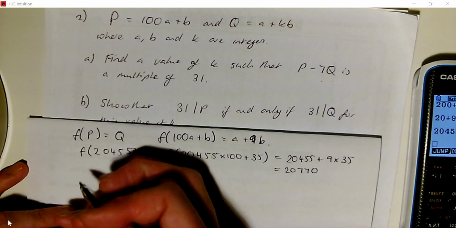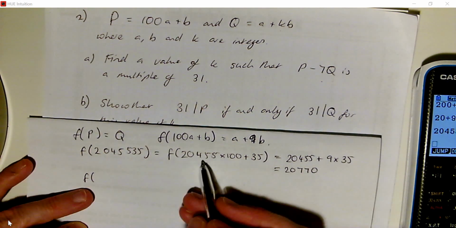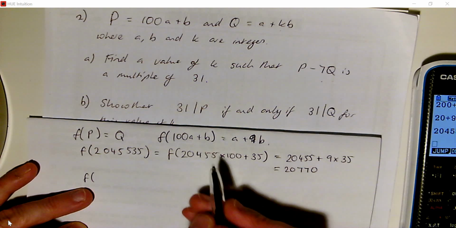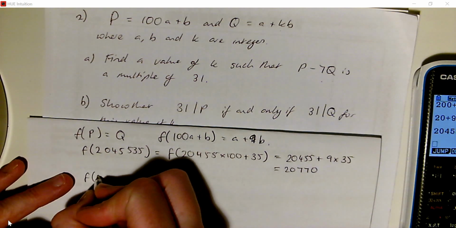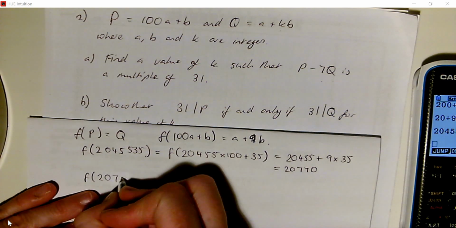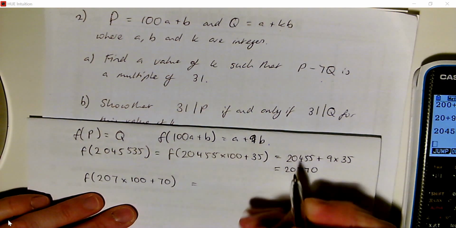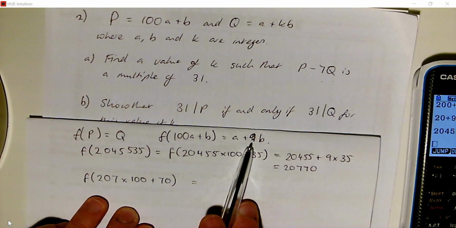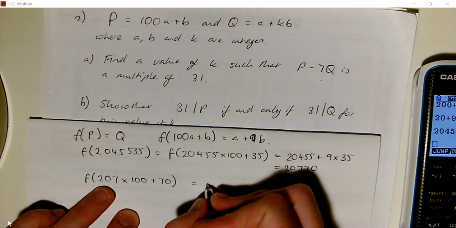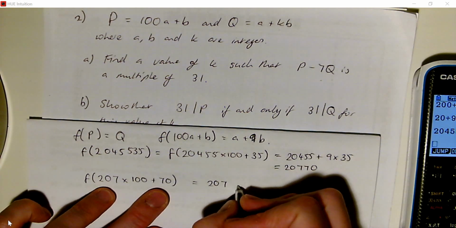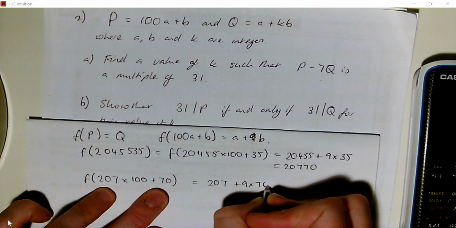Okay, so now we take this one and we're going to write it in the format 100a plus b. So what have we got? 207 times 100 plus 70. And we're going to now write it in the format of Q. So we get 207 plus 9 times 70.